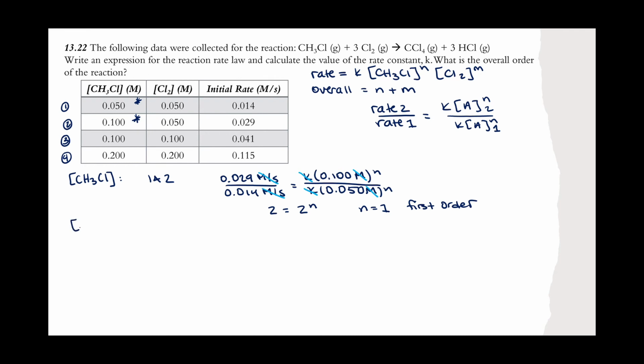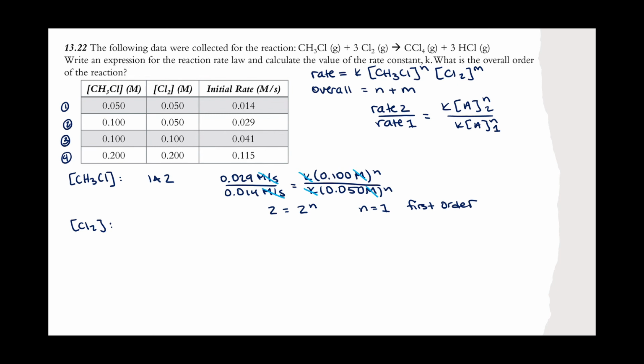Next, we'll look at the chlorine gas. In this case, I'm going to erase those stars. I want to look at chlorine gas and pick 2 experiments where the concentration of chlorine is changing while the concentration of the methyl chloride remains constant.